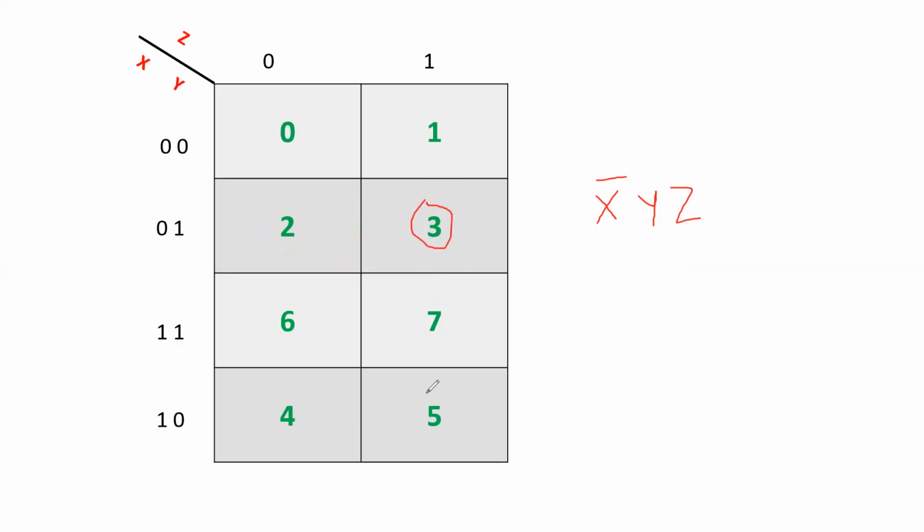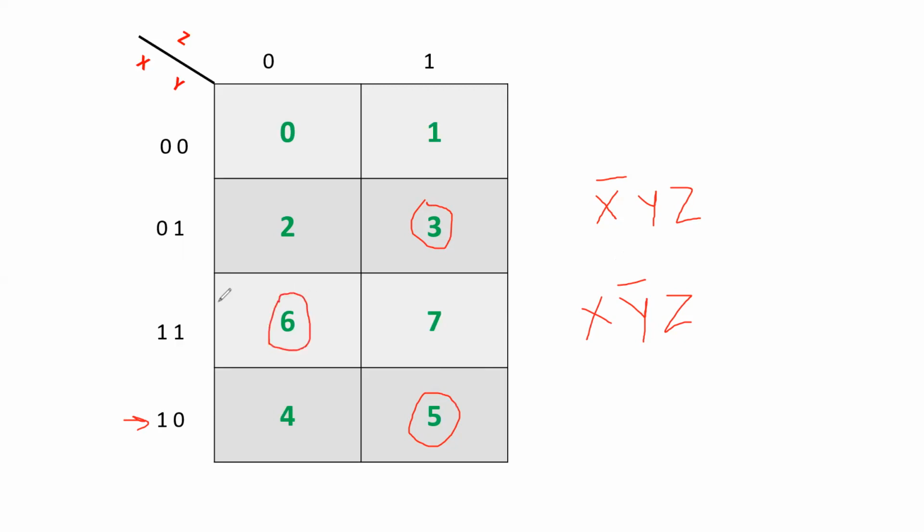Now for the value 5, the expression comes out to be x y complement, and z has value again 1. Then after 3 and 5, we have values 6 and 7.